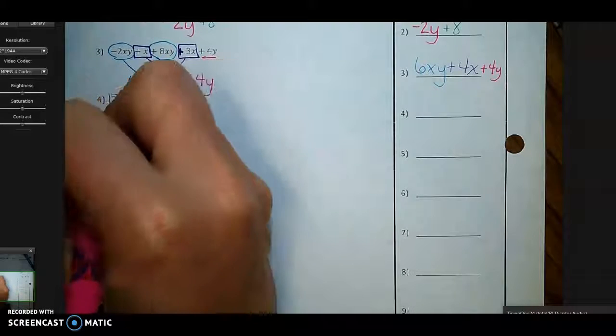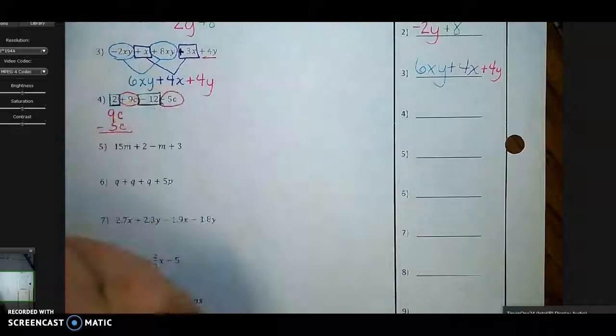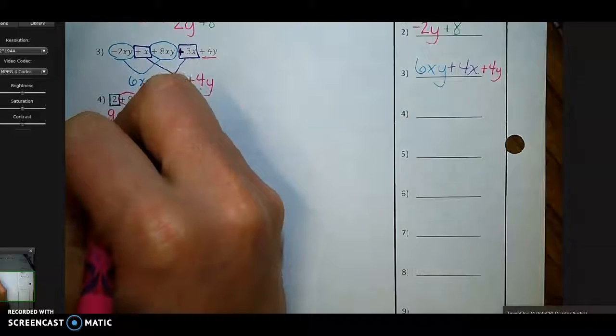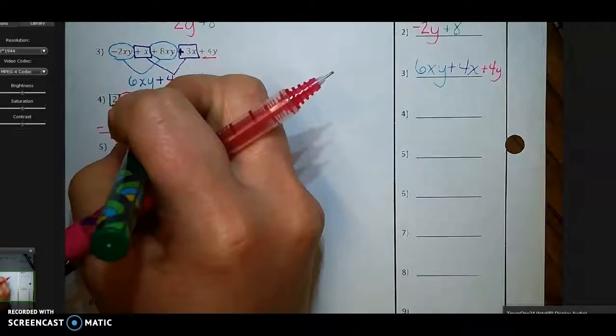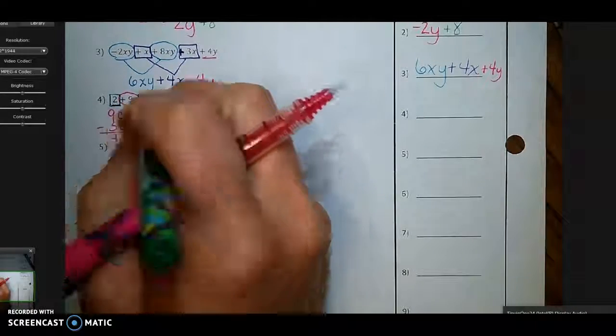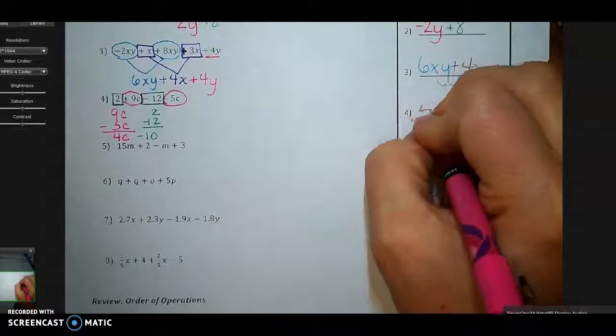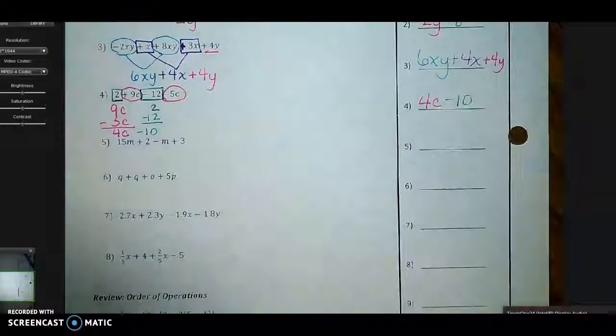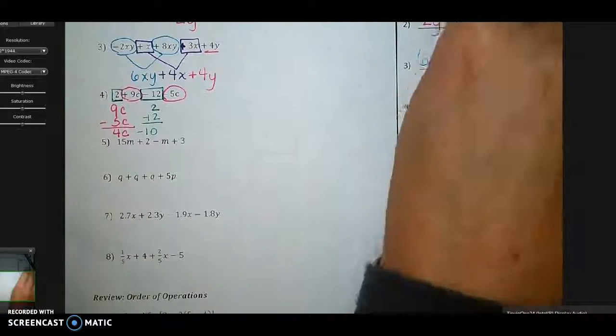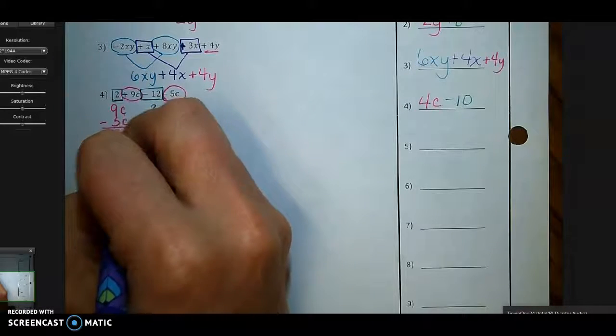Now remember, I can also line these up like so to help if I need to. So I get 4c. And then I've got 2 and a negative 12, so that gives me negative 10. So I get 4c minus 10.